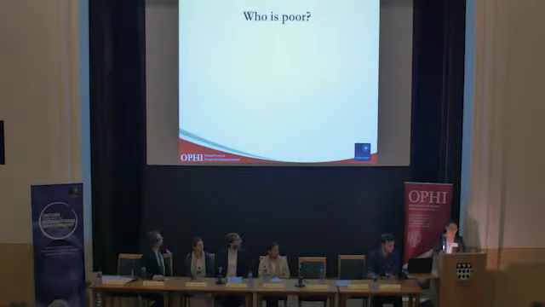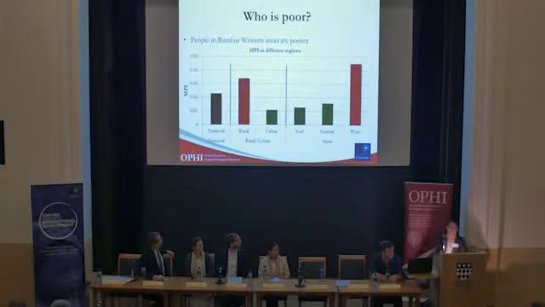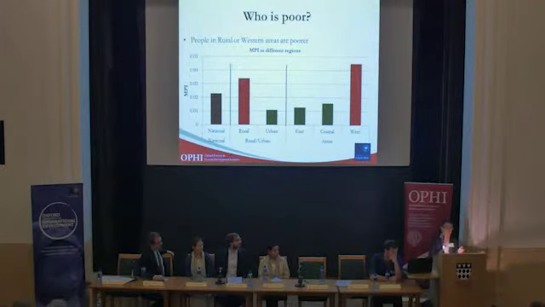So the first question, who is poor? If we decompose the MPI into different subgroups, we can answer this question. Basically, we find that people living in the less developed regions are poorer in China. For example, in this graph, we can see that people living in rural areas or the western regions are poorer than people in other regions, and also poorer than the national level.